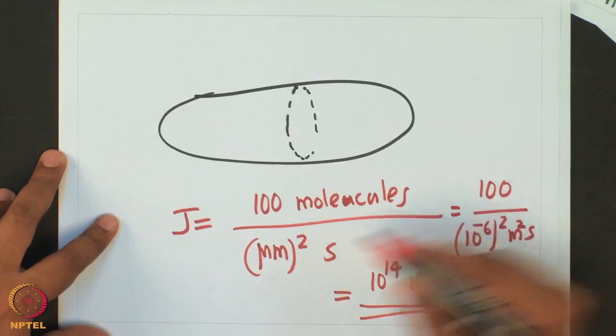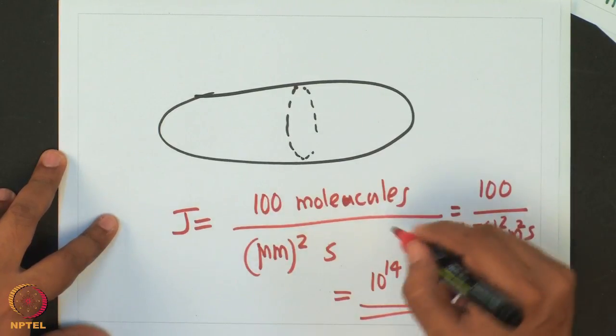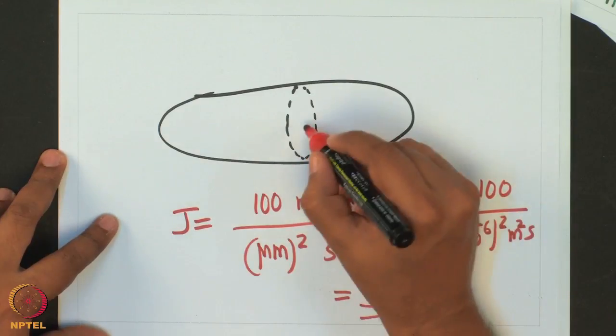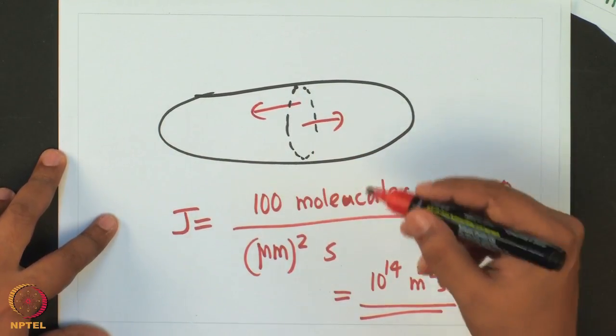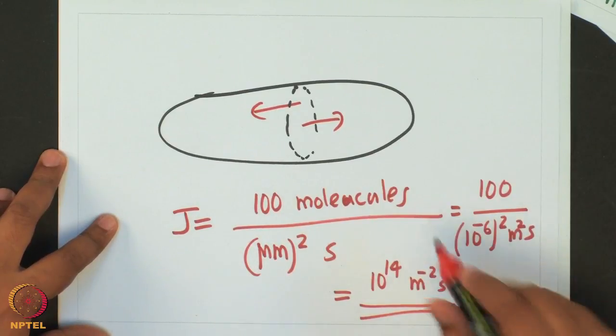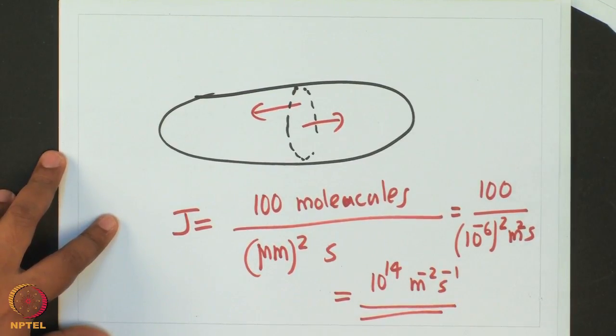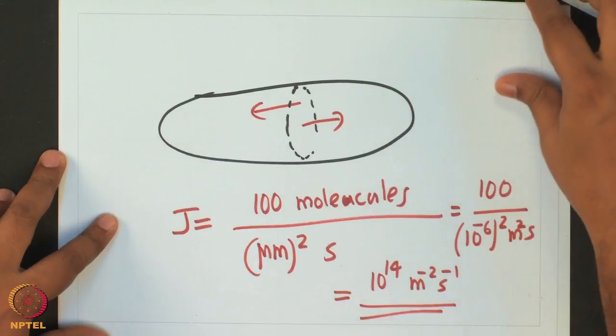So this would be the magnitude of J, and the direction of J would be either along this or along this, depending on this, and the magnitude would be something like this. Now that we understand this J, let us also think about the dimension of D, the diffusion constant.